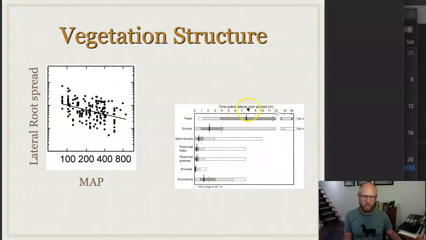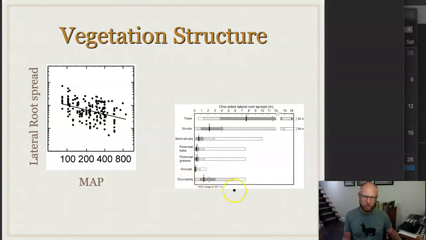This is the one-sided lateral root spread, by plant functional group, not by ecosystem type. I will point out the shrubs, which are really common and dominate a lot of desert ecosystems. Their lateral root spread, this is just one species way out here, can go out to as much as 50 meters, so about 150, probably closer to 180 feet.